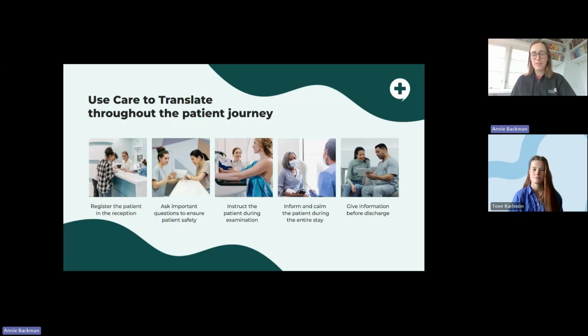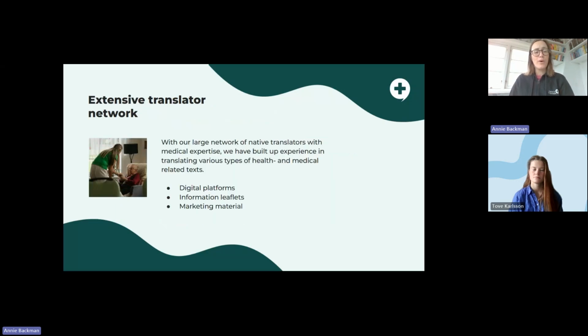But today we'll talk about translations of other medical texts, because when creating our own product, the Care to Translate app, we created an extensive translator network, and this is something that we found that we can use. The network consists of native translators that have medical expertise.